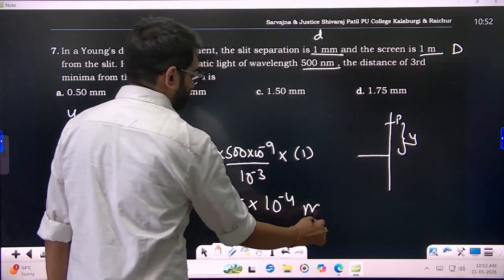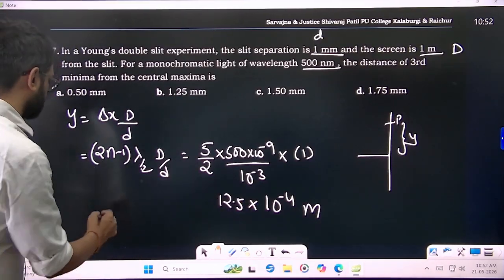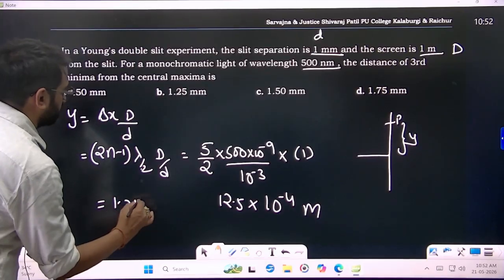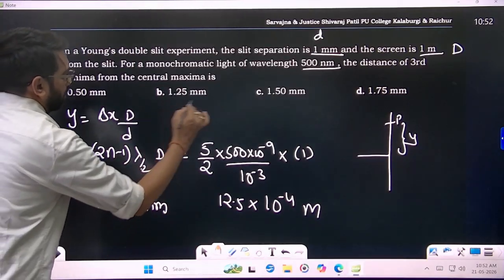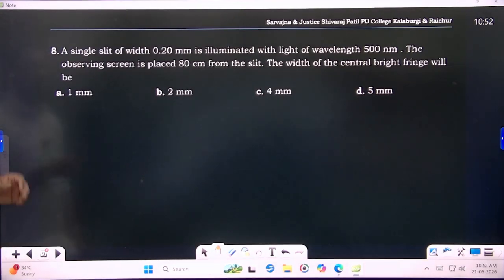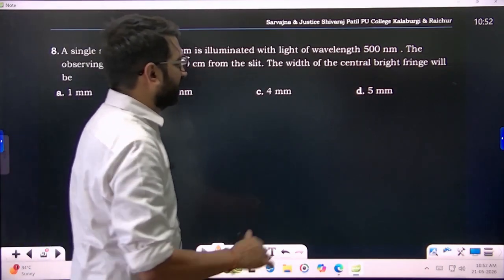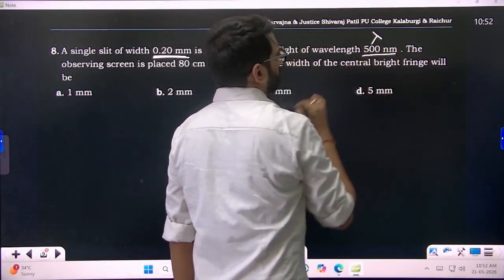This is in meters. We want the answer in millimeters, so this becomes 1.25 millimeters. Next, a single slit is illuminated with light of wavelength lambda.